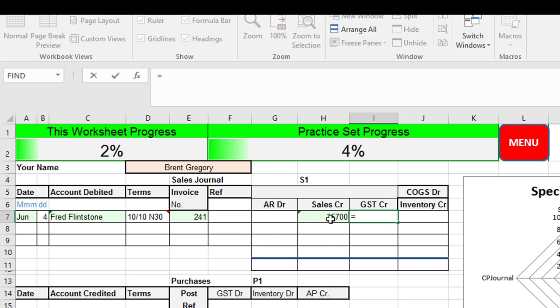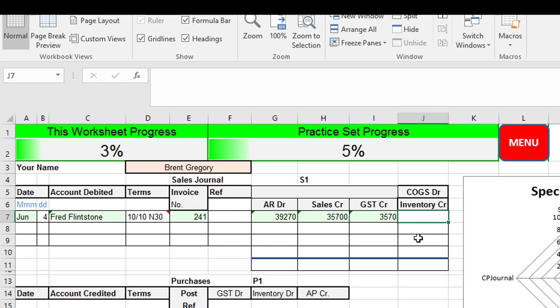Usually I divide by 10, but technically we're multiplying by 10%, which is 0.1. That gives us the GST. The total that Fred Flintstone will owe us is the amount for the sale, $35,700, plus the amount we've collected for the tax department, which is GST. So Fred owes us $39,270.